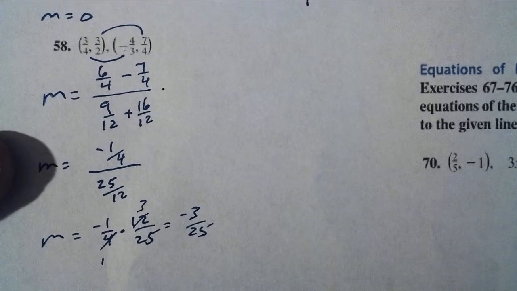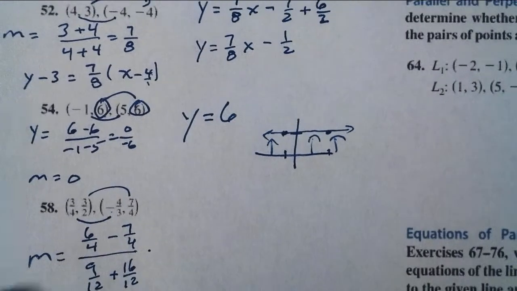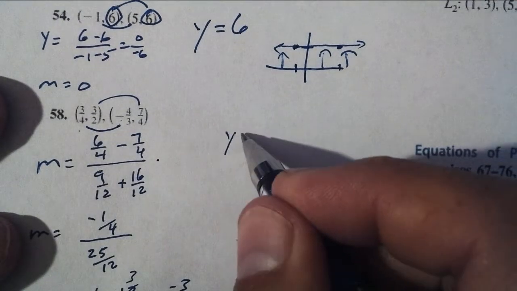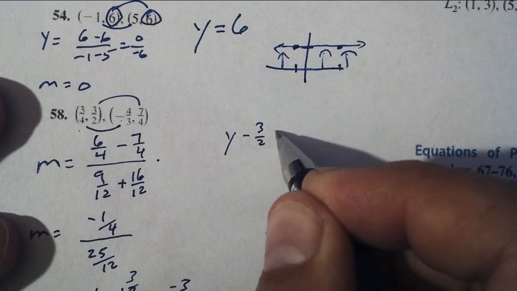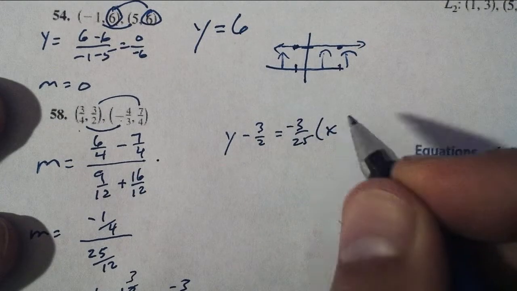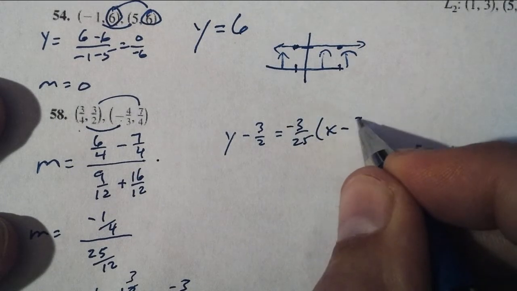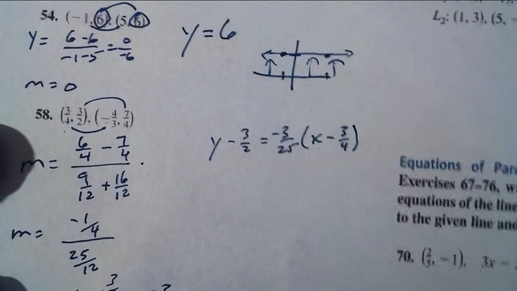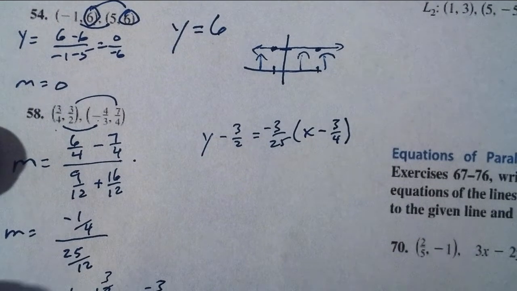Giving me an equation with negative 3 on 25 as my slope, and I'm going to use this point. y minus the y coordinate, 3/2, equals negative 3 on 25 times x minus the x coordinate, 3/4.